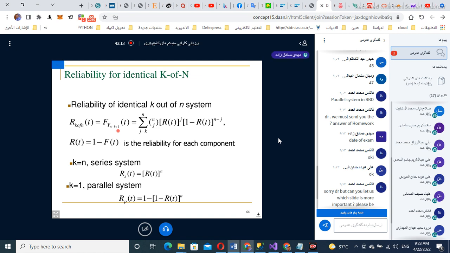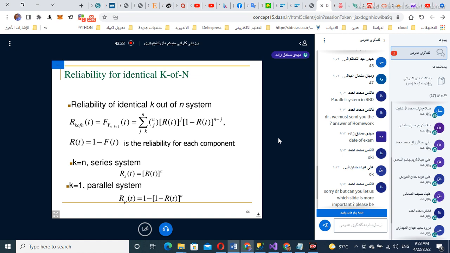That is the summation over j equal K to n of the binomial coefficient n choose j, times R(t) to the power j, times (1 minus R(t)) to the power n minus j.